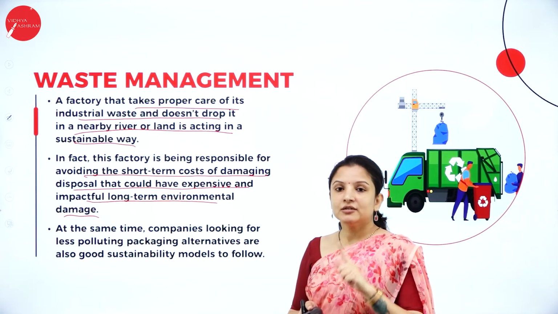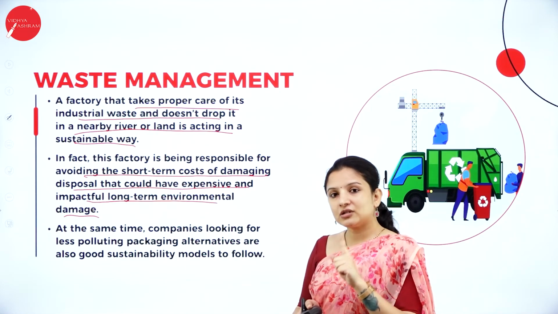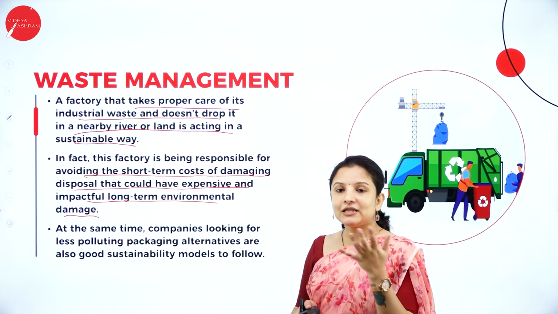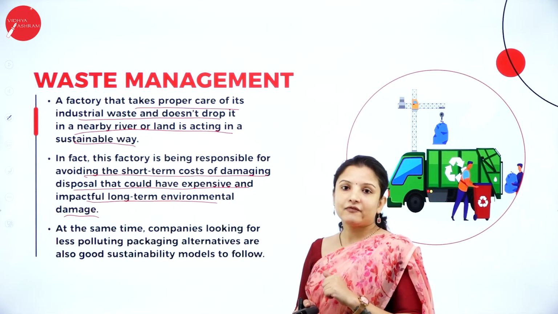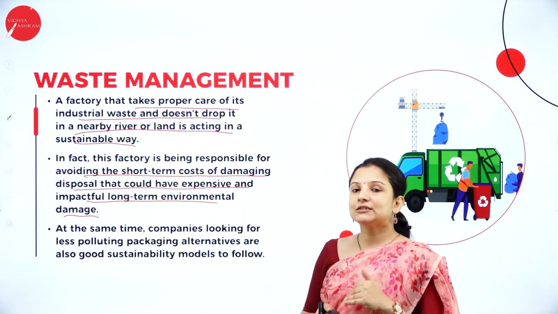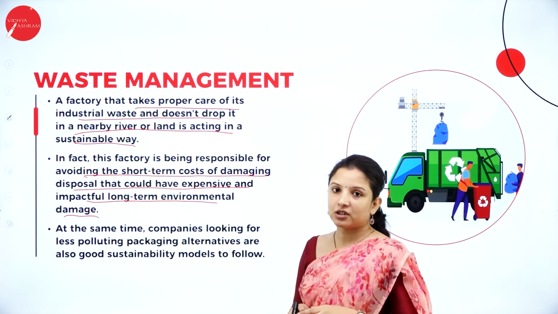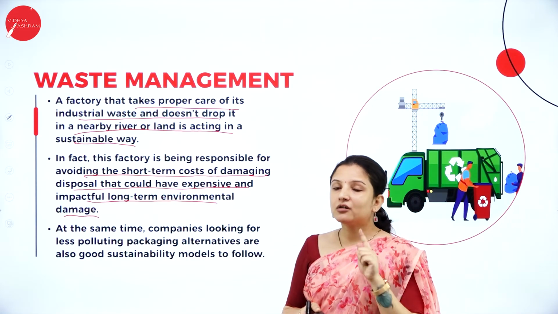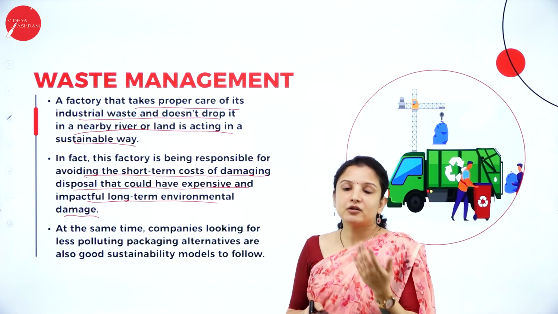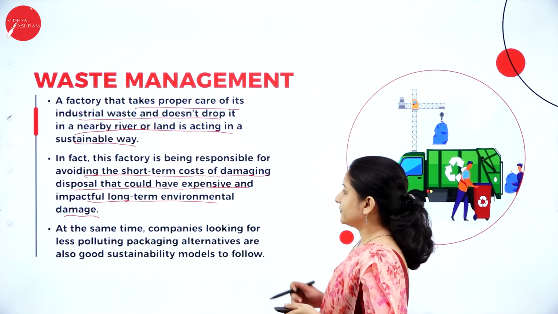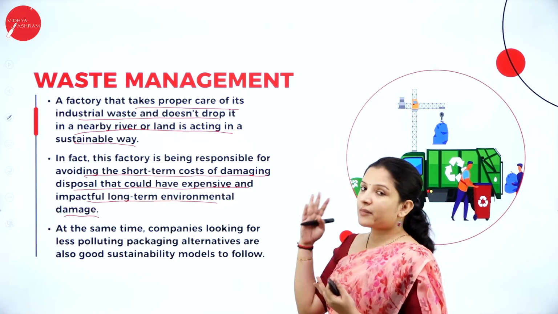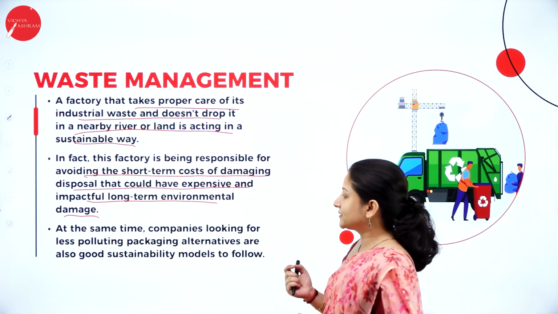Think of it, that sum will be so high that they could have at least used it for removing the toxicity from the waste and then disposing it properly. So that is where we need to think. The capital of the industry would have been saved. This is how waste management is one of the concepts of sustainability.